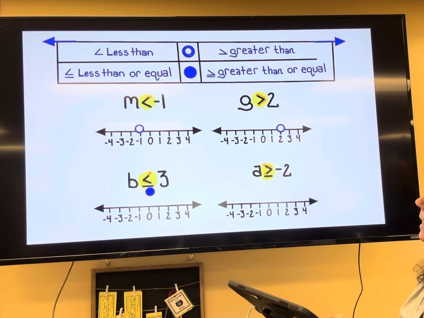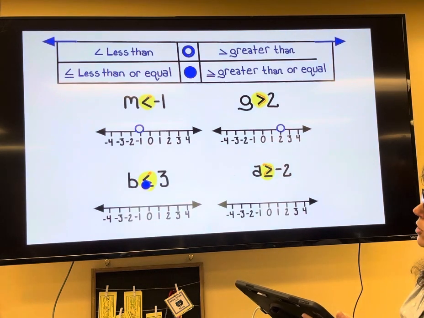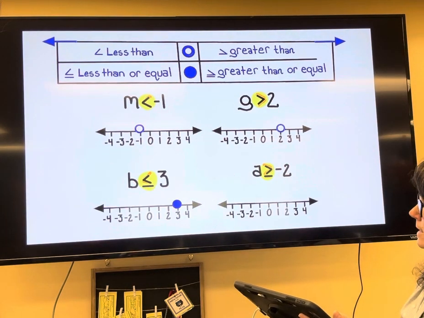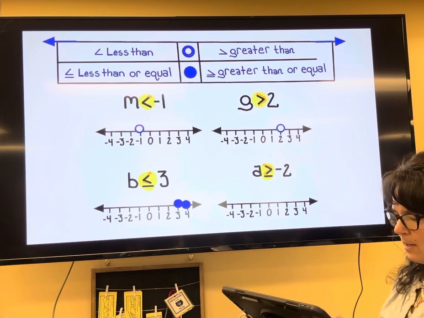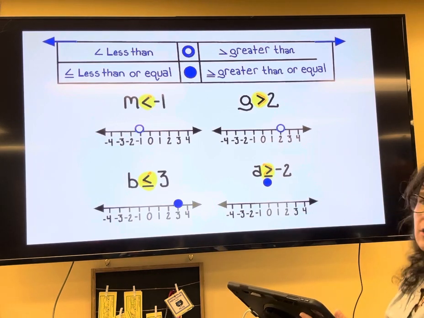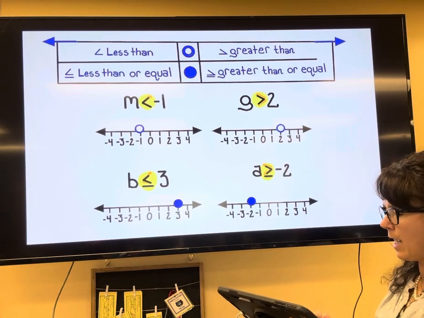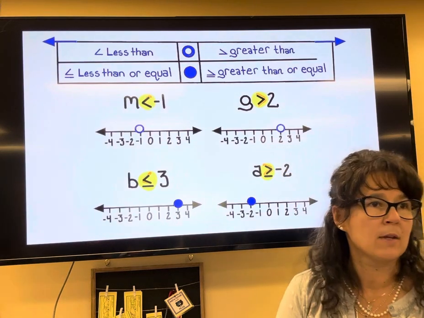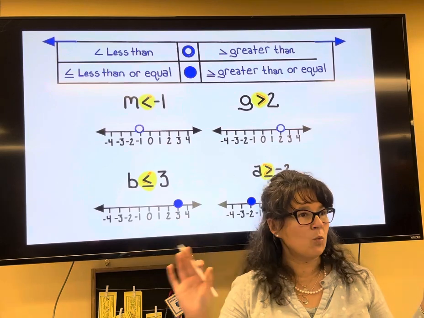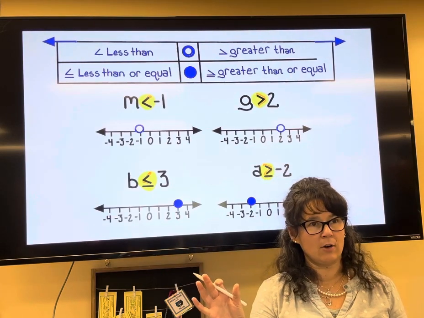For this one, it's underlined, so I'm using a closed dot, and I'm going to place that at 3. And then this one, again, it's underlined, so I'm going to put a closed dot and place that one at -2.